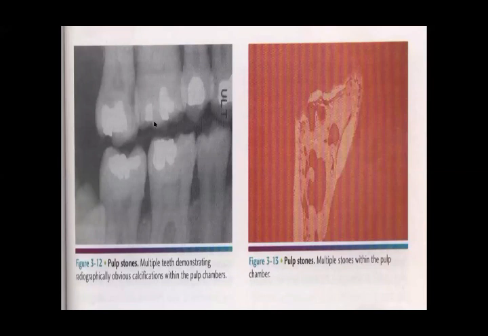These are the pulp stones, multiple teeth demonstrating radiographically obvious calcification within the pulp chambers. Pulp stones are within the pulp chamber.